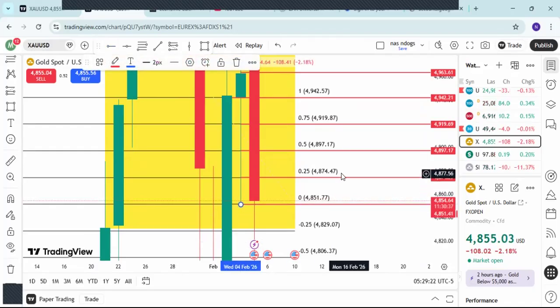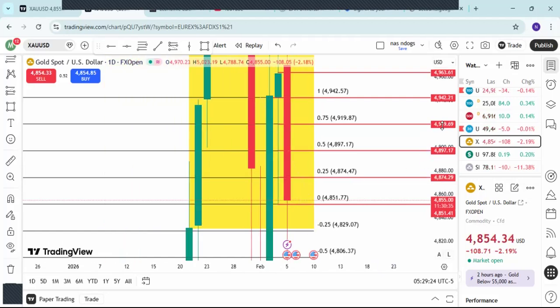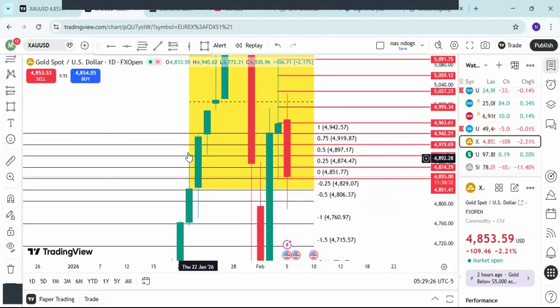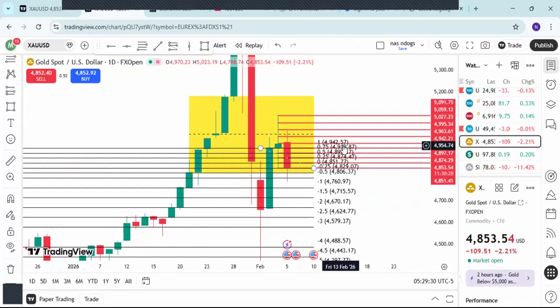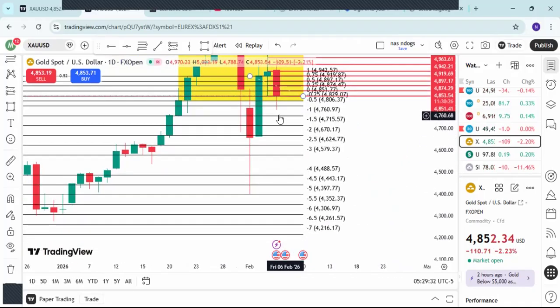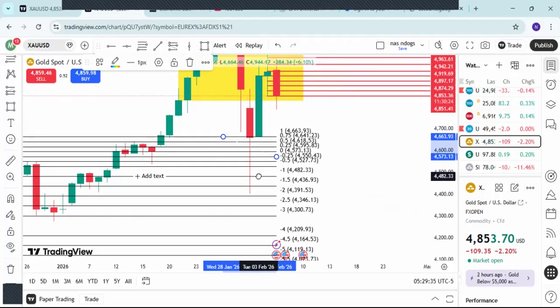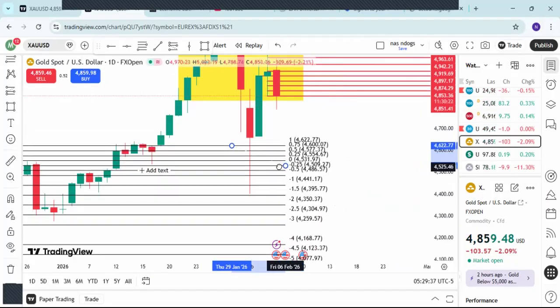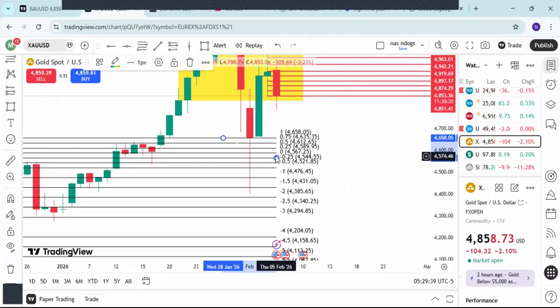So basically I'm marking anything relevant, right? And then looking down, I was gonna take the same fib, mark this one there, right?